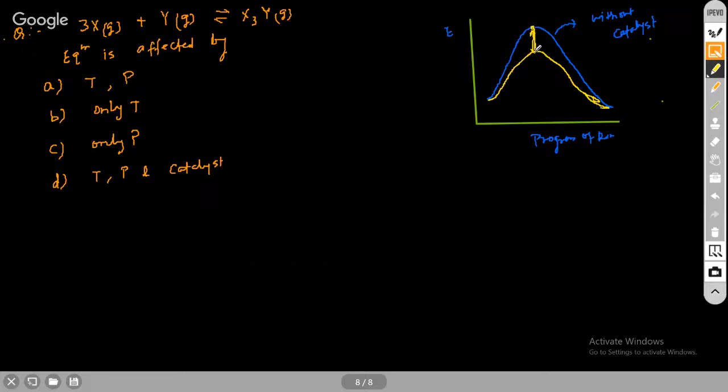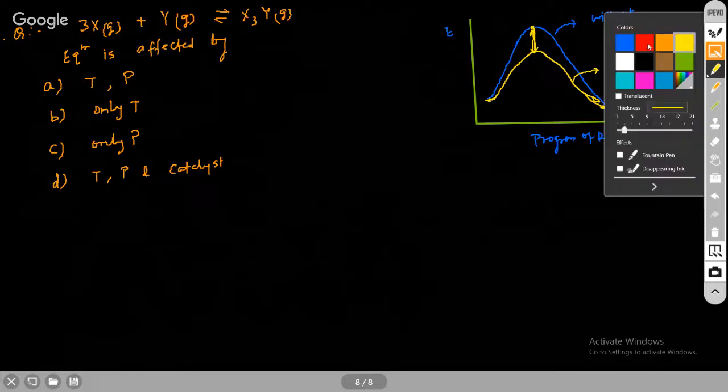Now the activation energy decreases. So you see the initial and final positions are the same. But this yellow one is with catalyst. So it decreases the activation energy and helps the reaction attain equilibrium at a faster rate. That is the purpose of a positive catalyst.